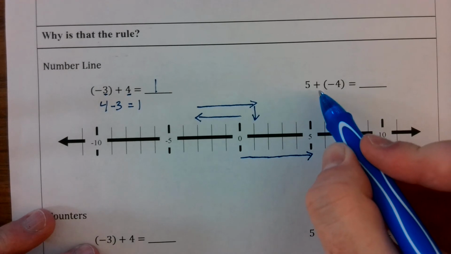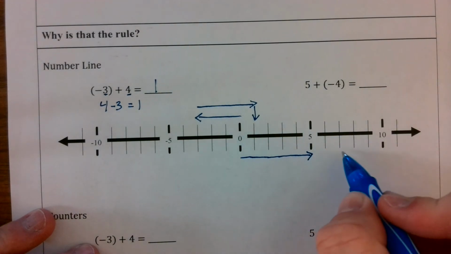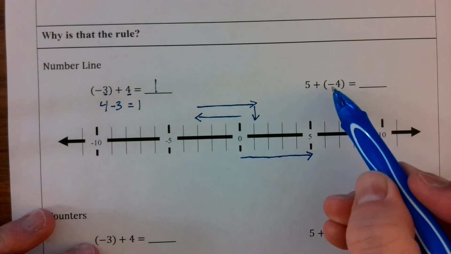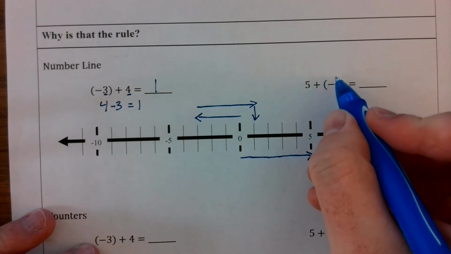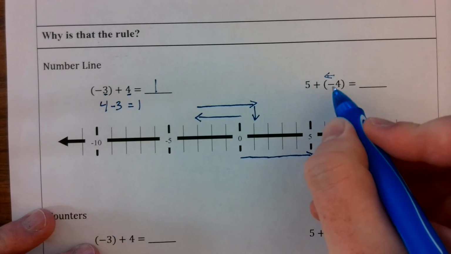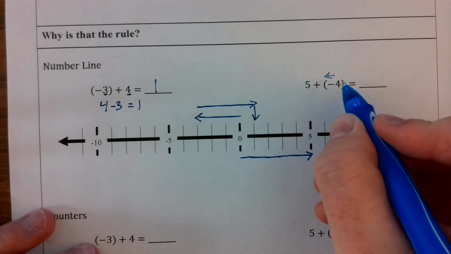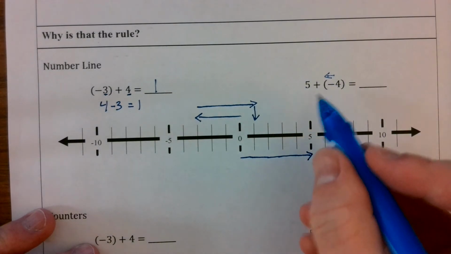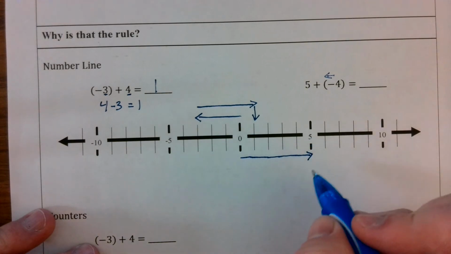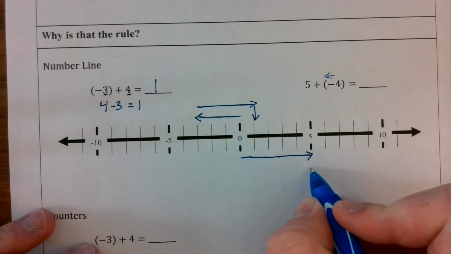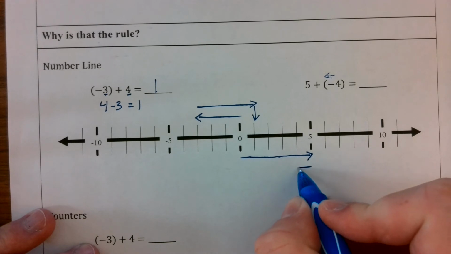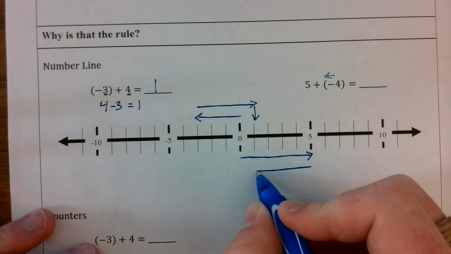Now normally when we add, I would go to the right, but this negative symbol tells us to turn around and go the other way. So whenever you see a minus or a negative, it means to flip around. So I'm going to go to the left 4 instead of to the right. I'm going to start at 5 because that's where we left off, and I'm going to go 1, 2, 3, 4.